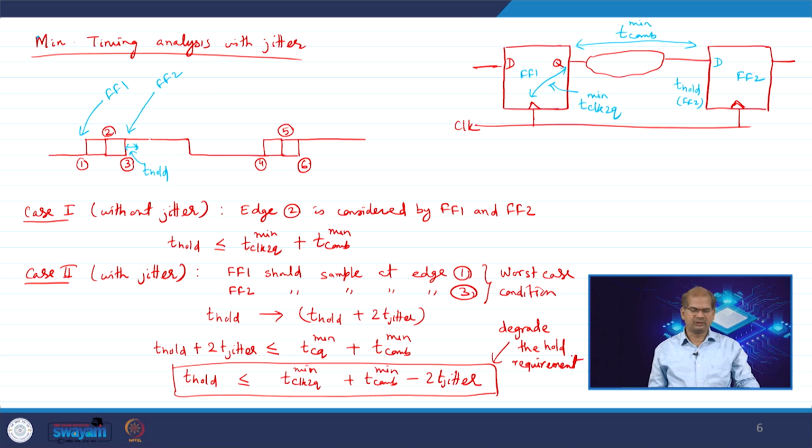So, jitter is not good in terms of max timing analysis and it is not good in terms of min timing analysis. So, it should be minimized as much as possible in your design. Okay. Now, we will discuss the sources of skew and jitter. There are different sources of skew and jitter, we will discuss those in detail.